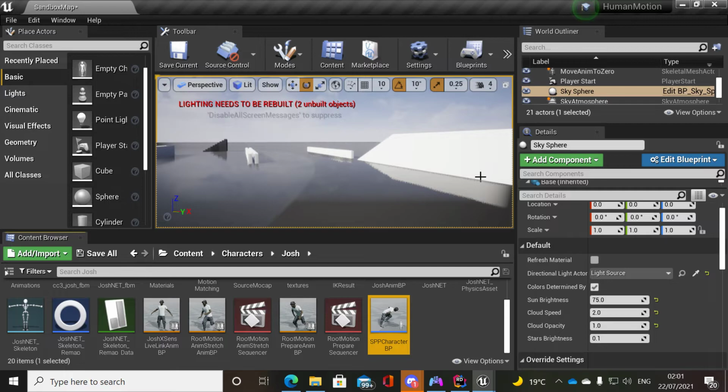But could we say if the root Z is greater than 0, that means we are no longer on the ground, so you now want to IK the feet if we're in walk or run locomotion?